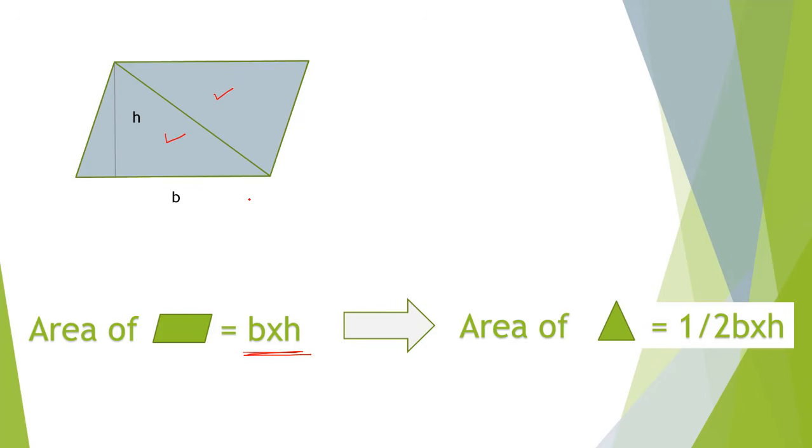This parallelogram is divided into two triangles. We have to calculate the area of one triangle. If the complete area of this parallelogram is base into height, then divide this area by 2 and we get the area of a triangle. So this is the logic behind the formula of a triangle.